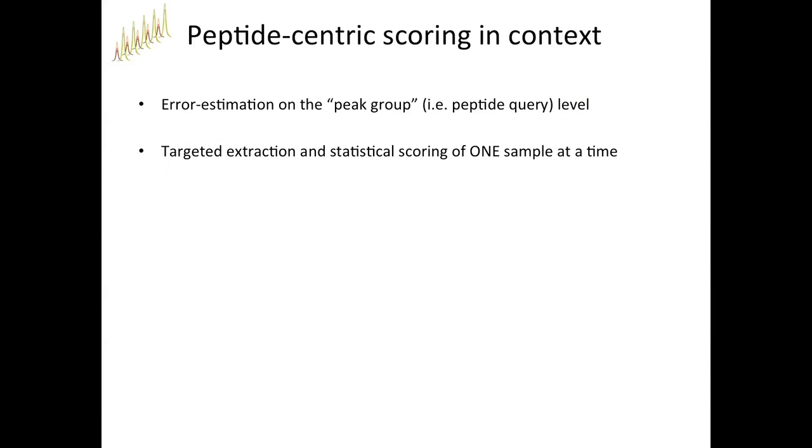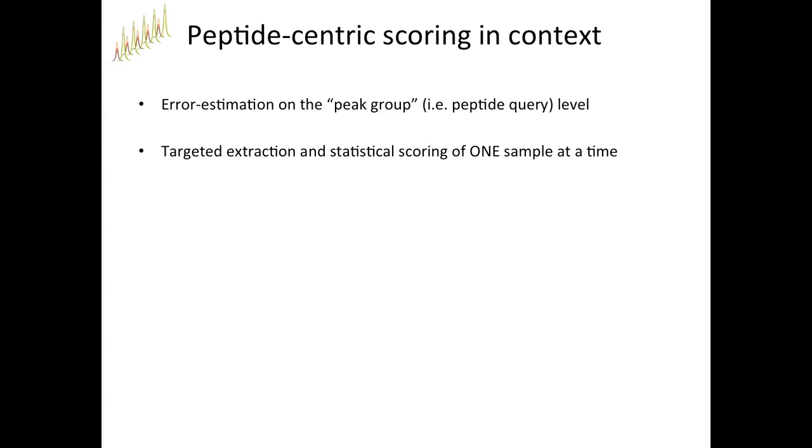Some things that might come into your mind are, okay, so what we've been talking about is to perform the error estimation on the peak group level or peptide query level. And the other thing is we are talking about targeted extraction and scoring of one single sample.